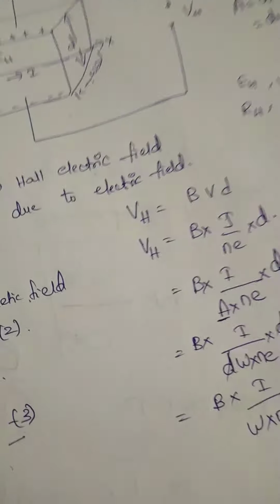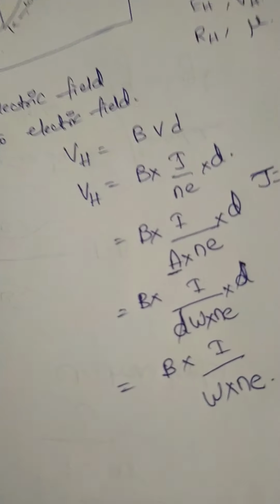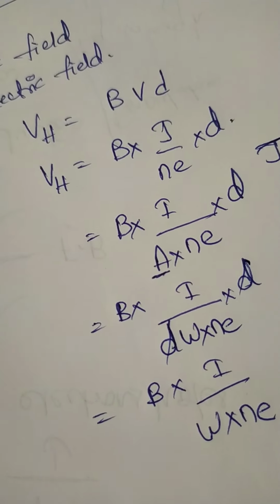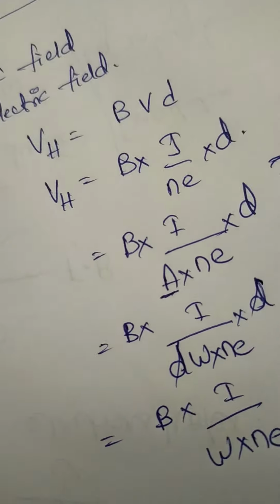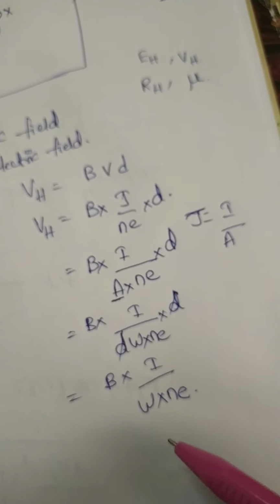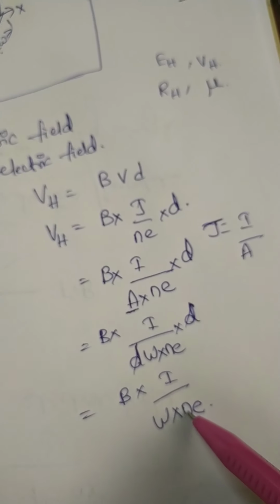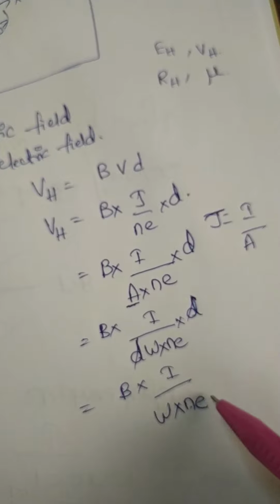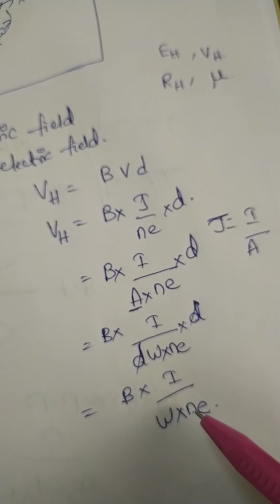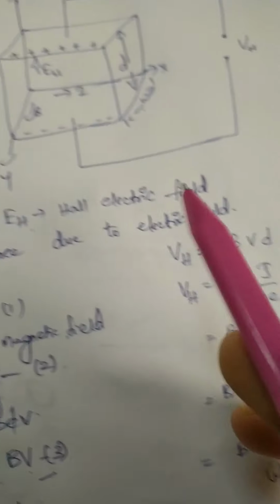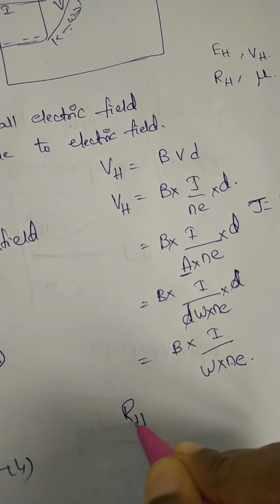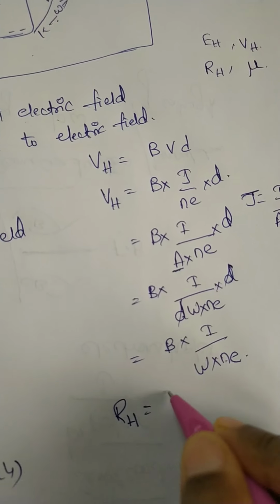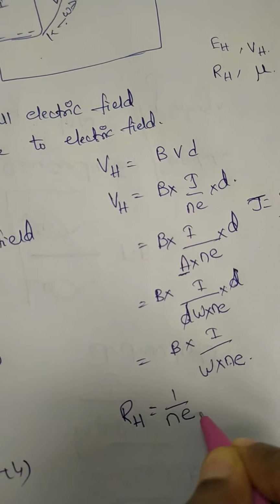Here B means magnetic field, I means current, W means width, n means the number of electrons, and e is the charge. These two are constant terms. So we take RH, the Hall coefficient, as RH equals 1 by ne.